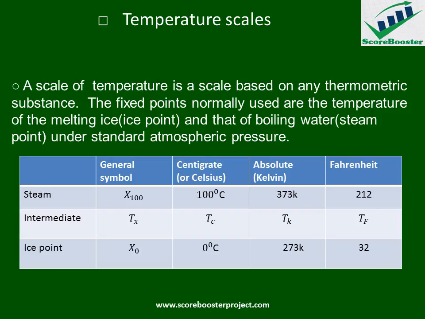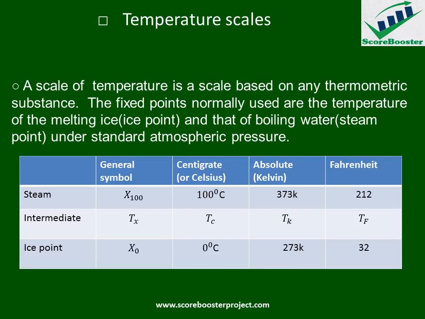The steam point under general symbol is represented by x100. The steam point of centigrade is 100 degrees Celsius, while the steam point of absolute temperature is 373 Kelvin. That of Fahrenheit is 212 Fahrenheit.